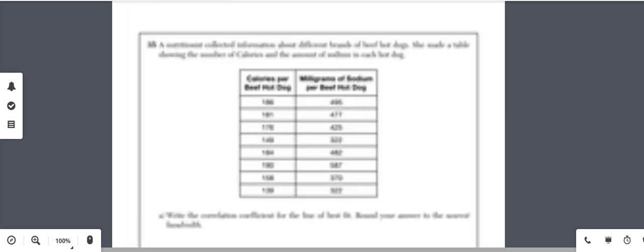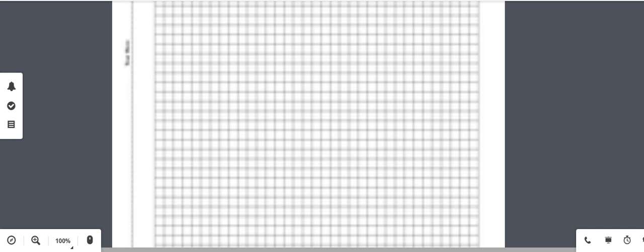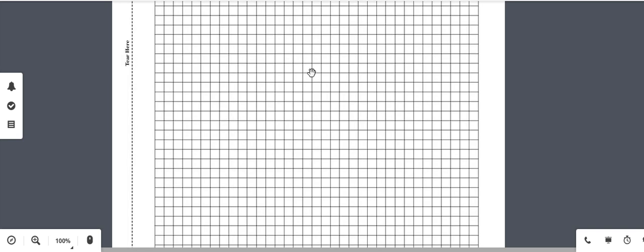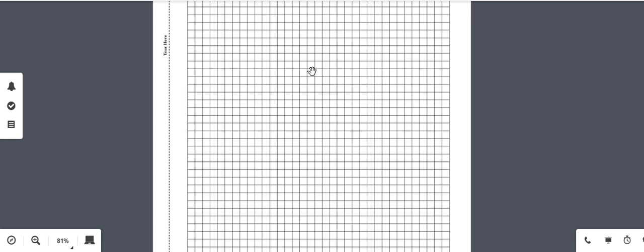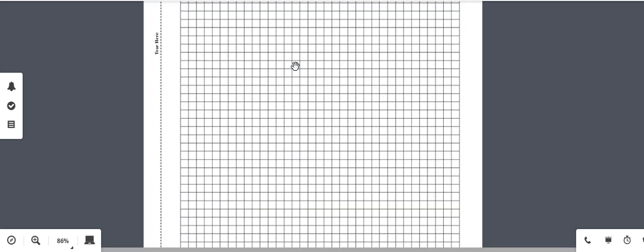To use this, I must know what the axes are.